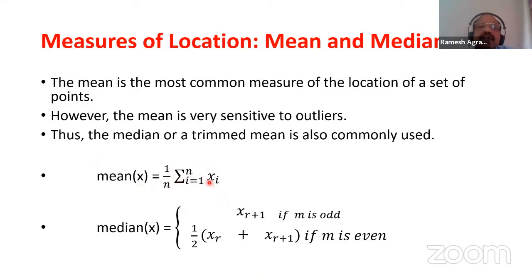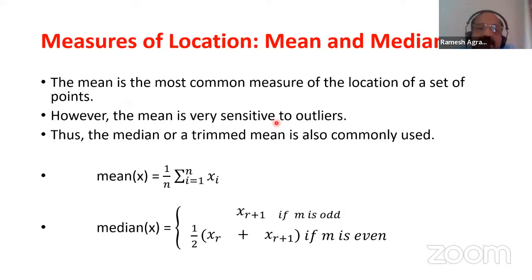But what is noted is that in general, the mean is very sensitive to noise or outliers. That means if there is one value among the data which is very large or very small in comparison to the other data, this will give rise to an outlier or noise. So the mean is very sensitive to outliers.